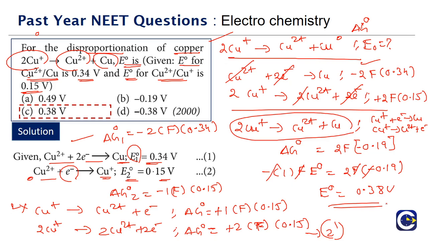If you reverse the reaction, del G becomes minus of the original del G. If you multiply the equation by a factor, del G also has to be multiplied by the same factor. Then when we add the equations, we get the del G of the overall equation. From that del G value we can find the E naught value. So we can never relate the E naught values of the reactions directly. So the correct answer for this is option C.